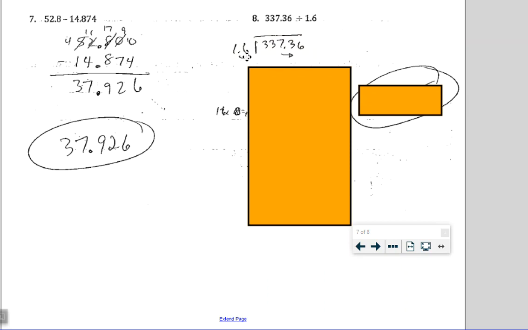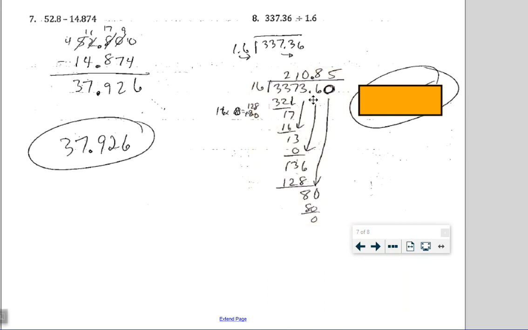So that's step 1, just setting it up right. But then step 2 is making this a whole number. So bump this to the right 1 space, which turns that into 16. And since this moves 1 space, this one moves 1 space, and it ends up in between the 3 and the 6. All right. So then I do my long division problem. I go through 16 to 33, that's 2 times.